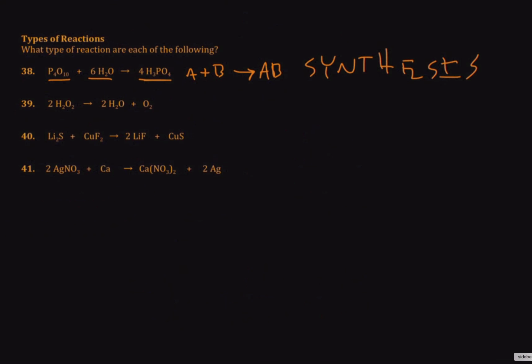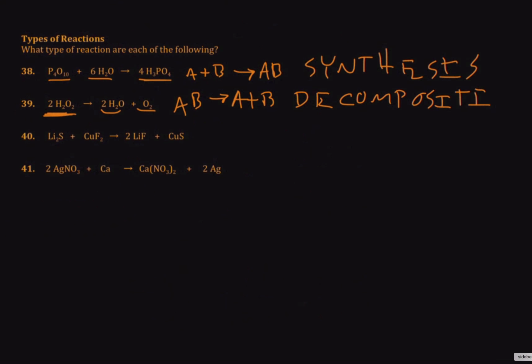The second choice, we have one reactant, more than one product. That's the opposite of synthesis. The opposite of synthesis is called decomposition, something breaking apart. Decomposition is AB produces A plus B. So one reactant, multiple products is called decomposition.